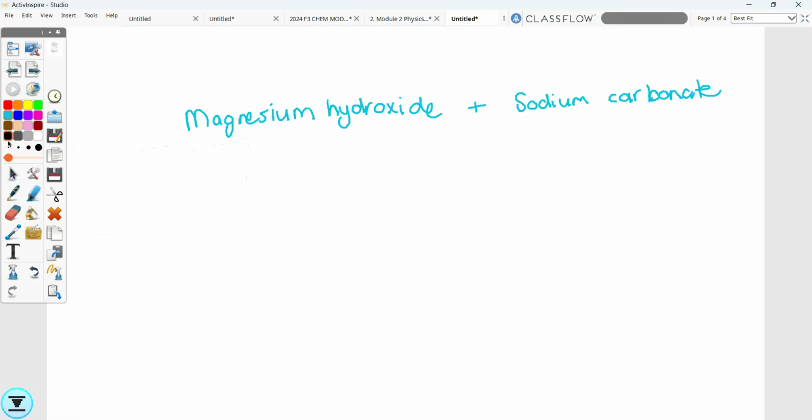So again, back to chapter 1. Magnesium hydroxide, what is the formula? Mg(OH)2. Guys, this is seen as a form 2 skill now. You've done it last year. Plus sodium carbonate, Na2CO3. Then I'm going to put my arrow.